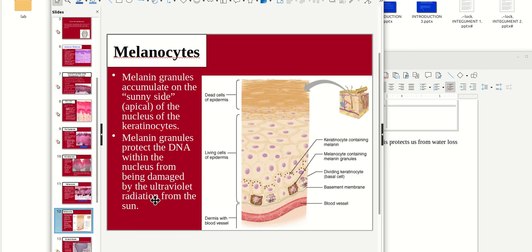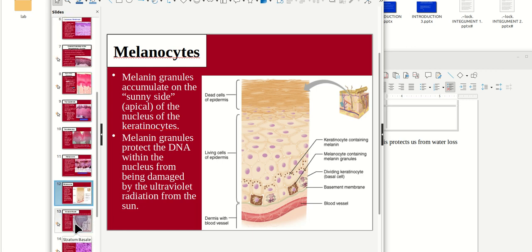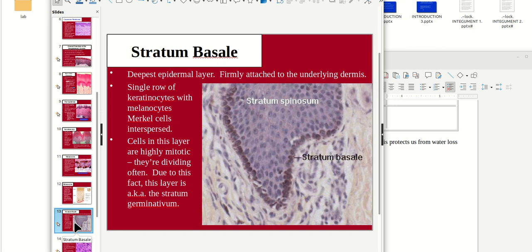Which one is going to protect us from ultraviolet light? Melanocytes, the ones that, of course, produce pigment. So don't forget that. Firmly attached. Stratum cells are highly dividing, so this is something worth noting. The stratum basale is where they're highly mitotic.